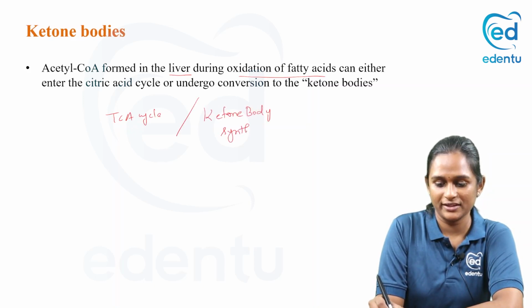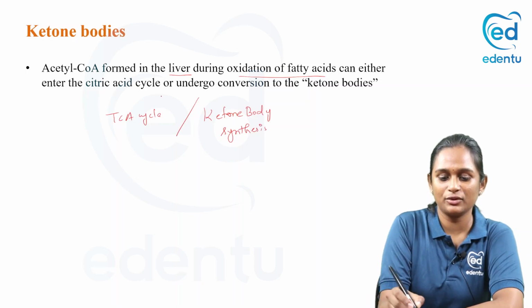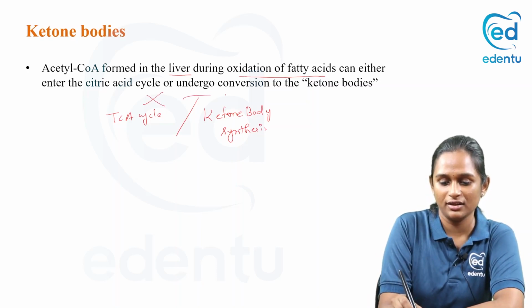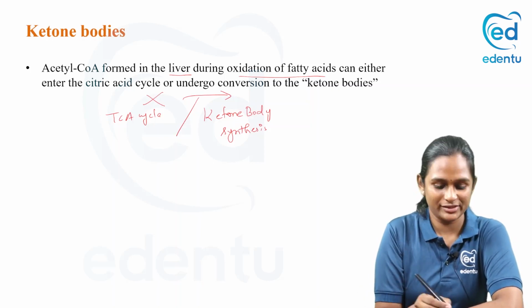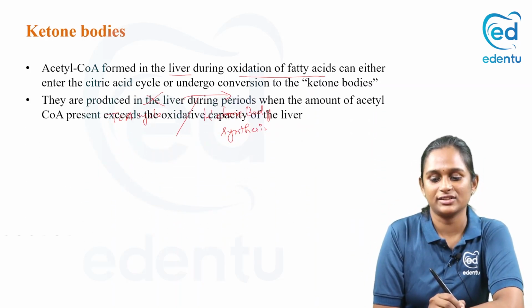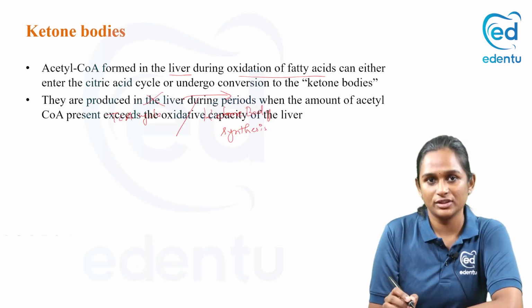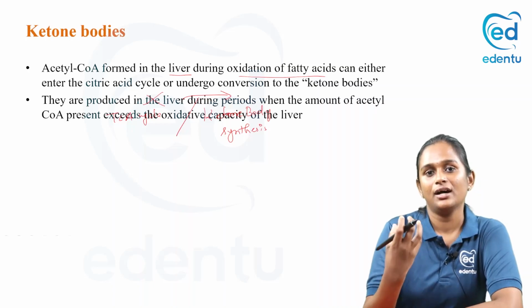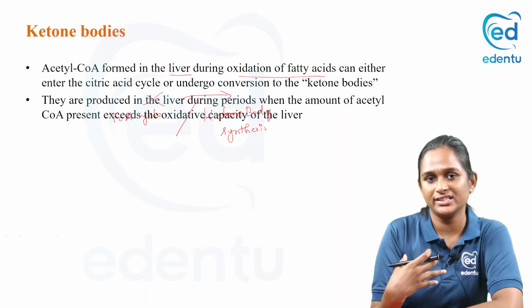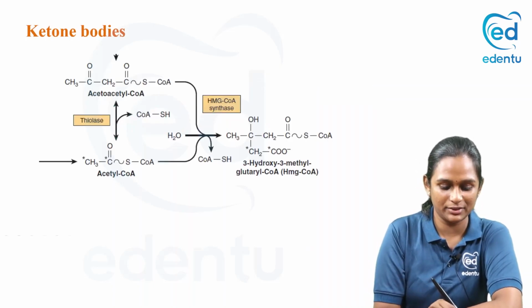If the acetyl-CoA cannot enter the TCA cycle, the acetyl-CoA generated by the oxidation of fatty acid will enter ketone body synthesis. So ketone bodies are produced in the liver when the amount of acetyl-CoA exceeds the capacity of the TCA cycle to oxidize it completely.